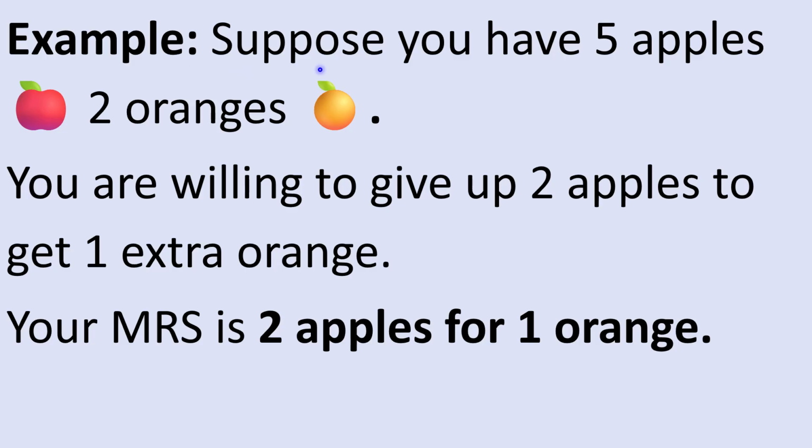Example: suppose you have 5 apples, 2 oranges. You are willing to give up 2 apples to get 1 extra orange. Your marginal rate of substitution is 2 apples for 1 orange.